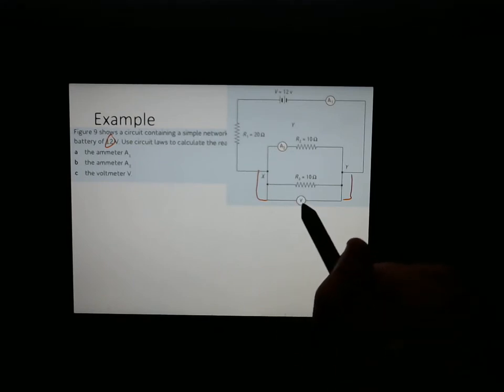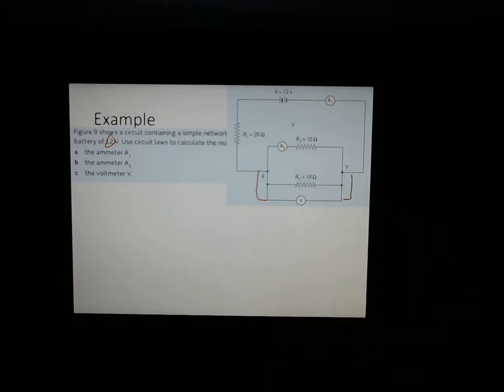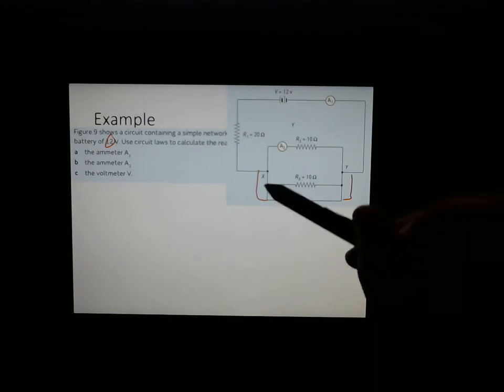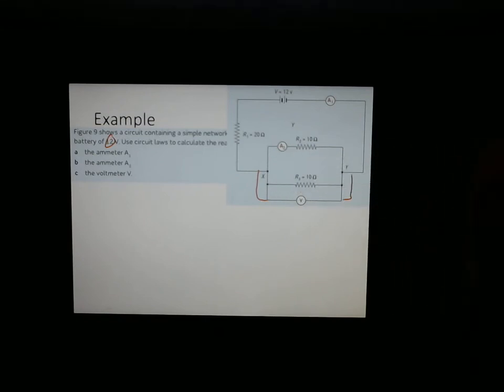What is important for you to recognise is the voltage being used by R3 will be equal to the voltage being used by R2, because 2 objects in parallel will use the same voltage. So at X it splits up, goes into these 2, comes back together at Y, and then flows back through the ammeter at number 1. So let's have a look.